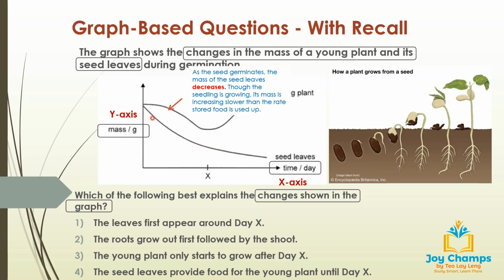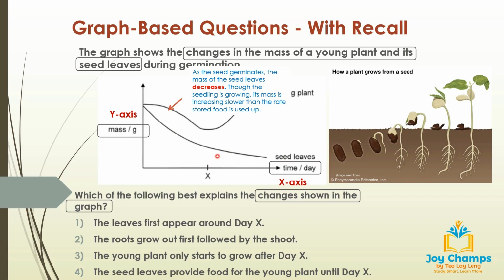So therefore, it appears as though at the initial part, the mass of the young plant is decreasing, while it is actually increasing, because you can actually see on the right in the graph, the young plant is actually growing bigger and bigger, but the overall mass is actually dropping because the food stored in the seed leaf has been used up and the young plant is not capable of making food yet.